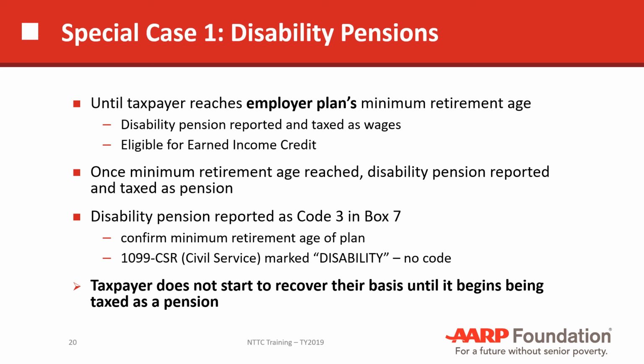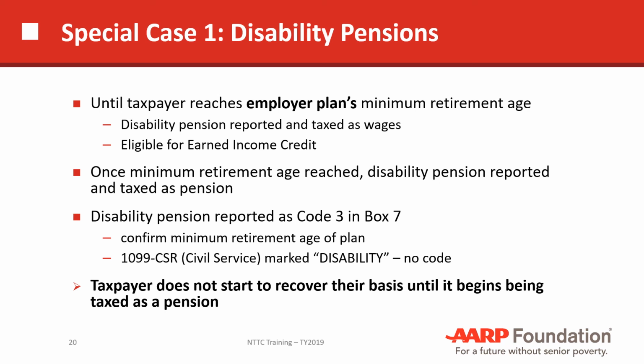So until they get to that minimum retirement age, that income is reported on line 1 as wages and is actually usable as earned income for things like the earned income tax credit. So even though they're disabled and they're too young to actually retire, they are considered to have that income as wages. Once the minimum retirement age is reached, disability pension is reported and taxed as pension.